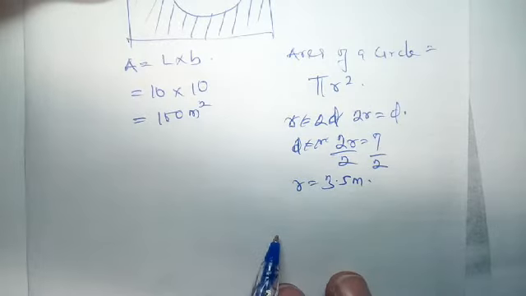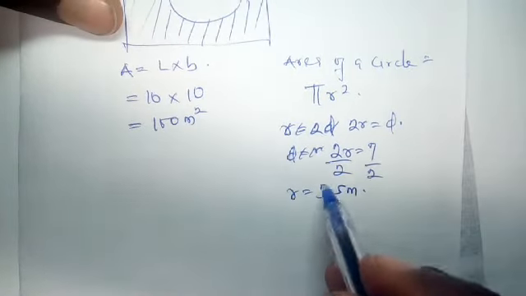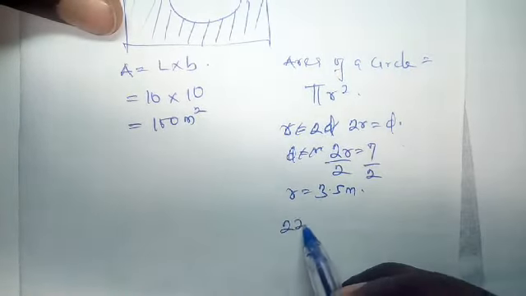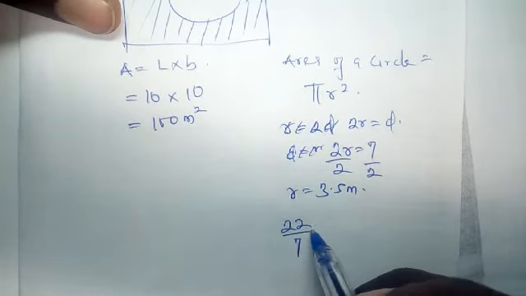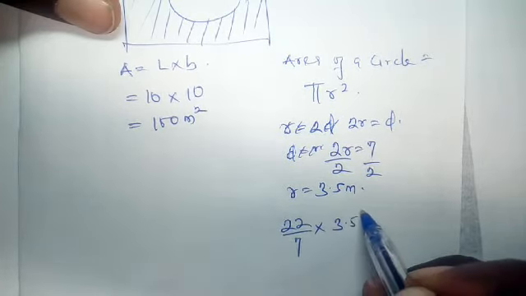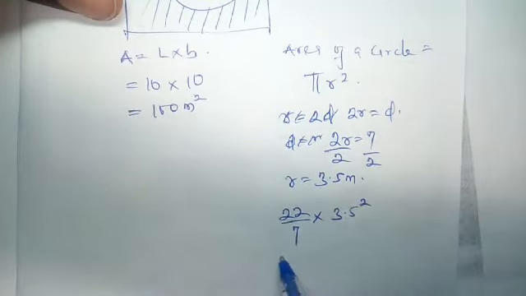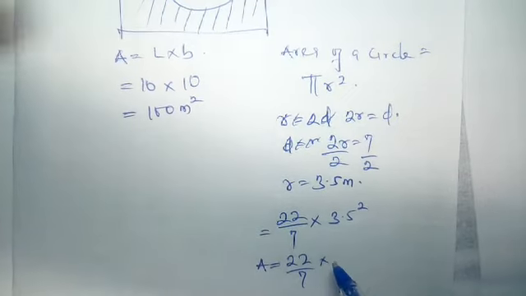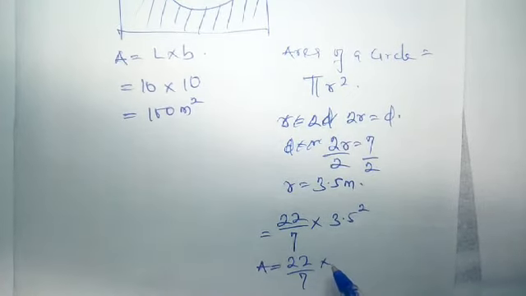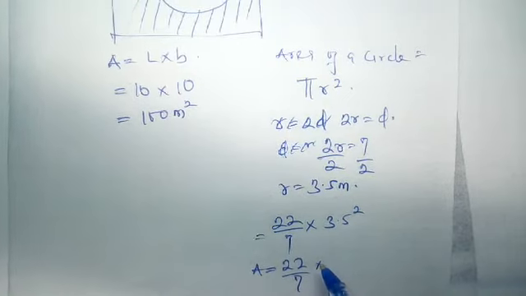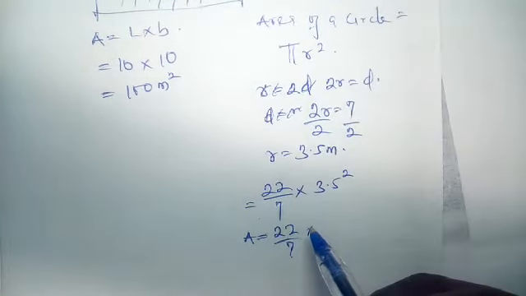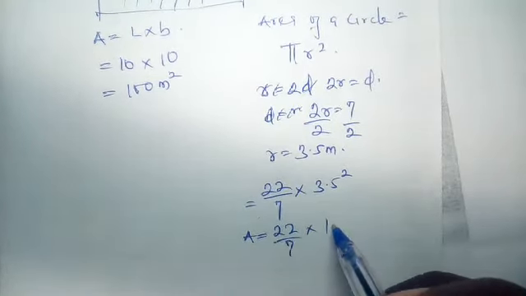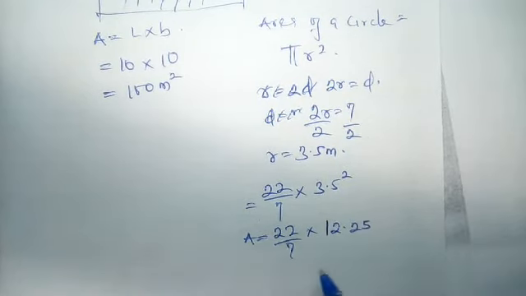Now, let's calculate the area of a circle. So for the area of a circle, we have 22 over 7, which is pi, times 3.5 raised to the power of 2. Let's use our calculator to do that. So 3.5 raised to the power of 2 will give us 12.25.